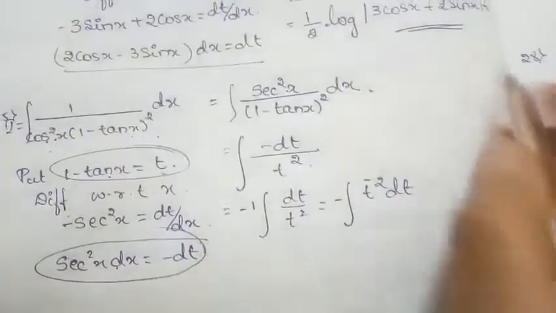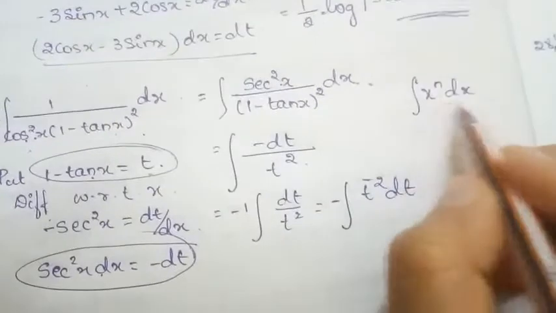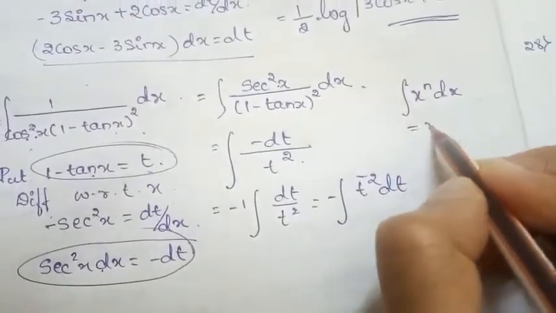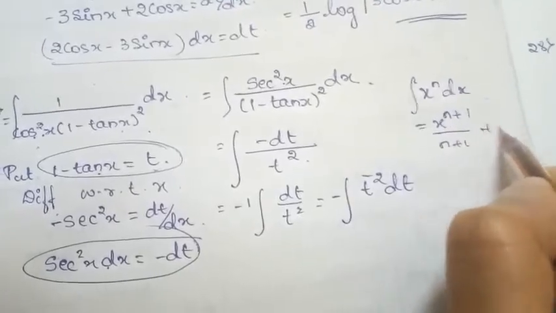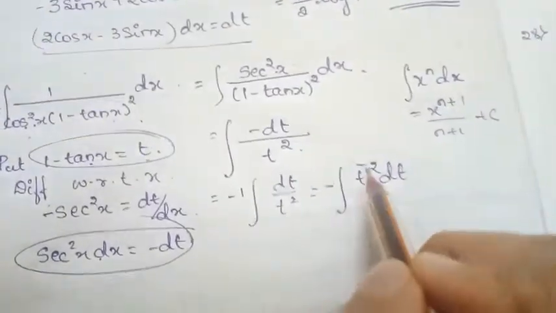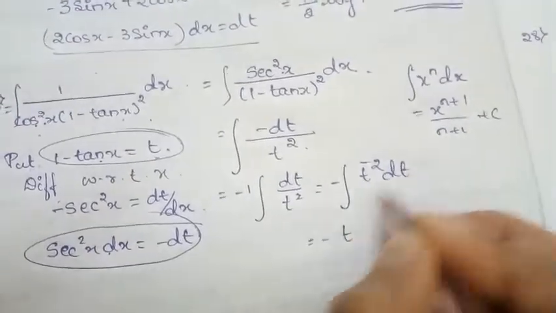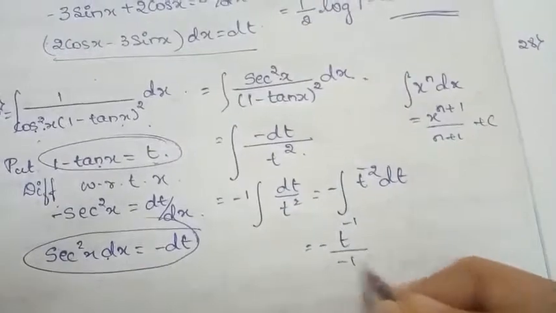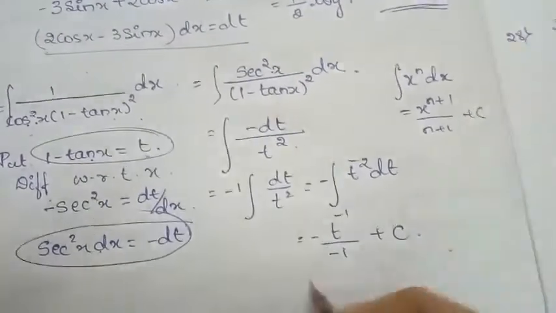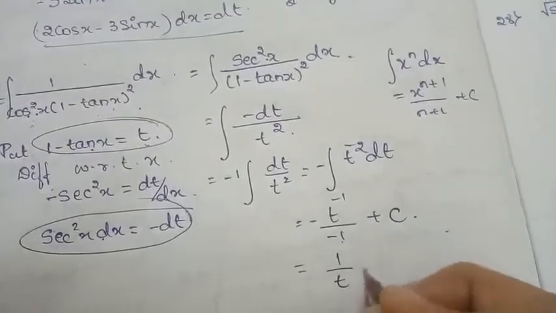Now it is in the form of integration of x power n dx, which is x to the power n plus 1 divided by n plus 1 plus c. In place of n we have minus 2, so it becomes minus t to the power of minus 2 plus 1, that is minus 1, divided by minus 1 plus c. Minus into minus becomes plus, so 1 by t plus c.